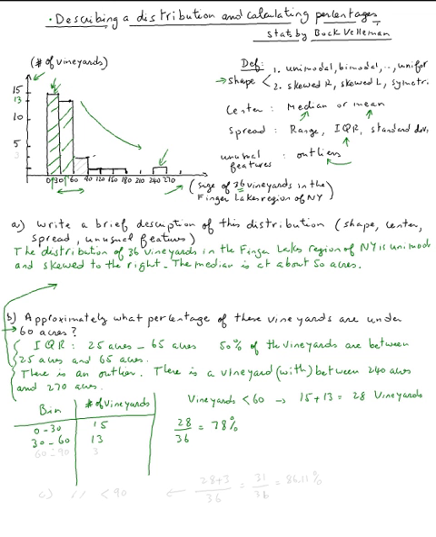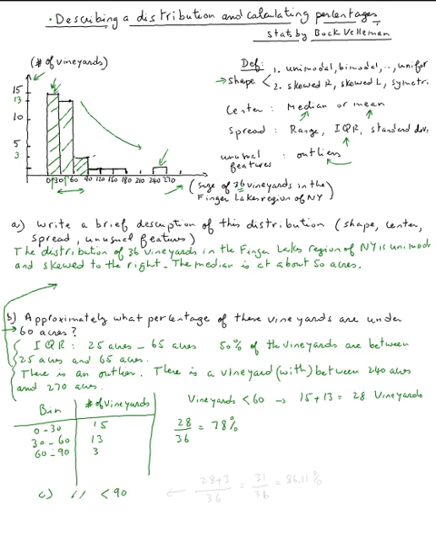Let me invent another question, C: approximate the percentage of vineyards that are less than 90 acres. Less than 90 means you need to add the bin between 60 and 90. Remember, 90 is not included, that's why it's strictly less. How many are in 60 to 90? I'm thinking this is probably 3, so I'm going to add 3.